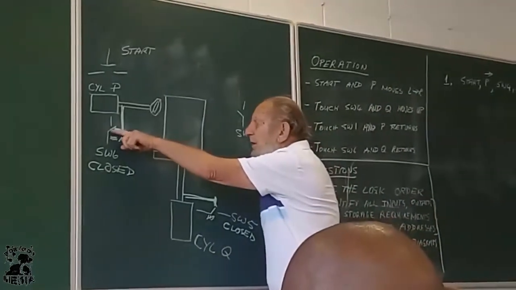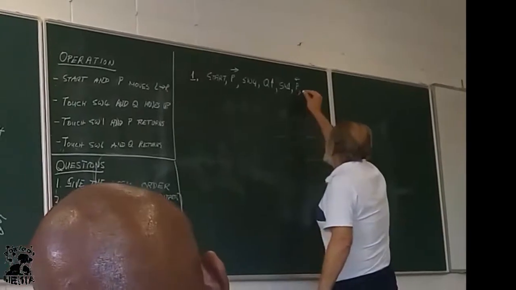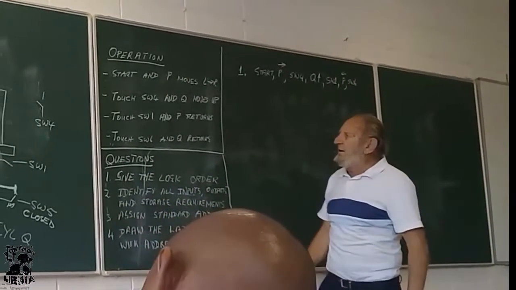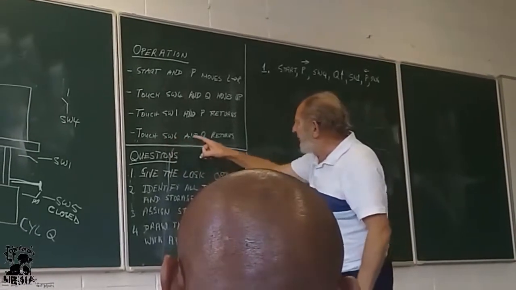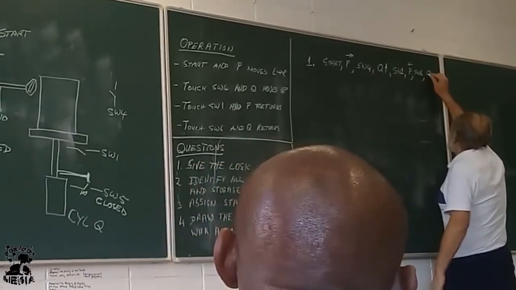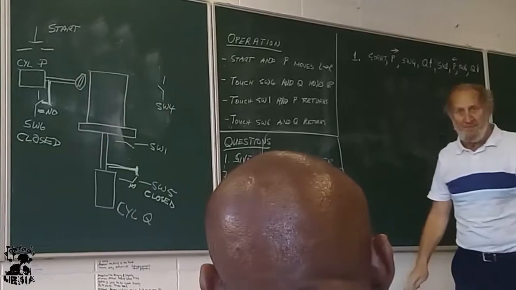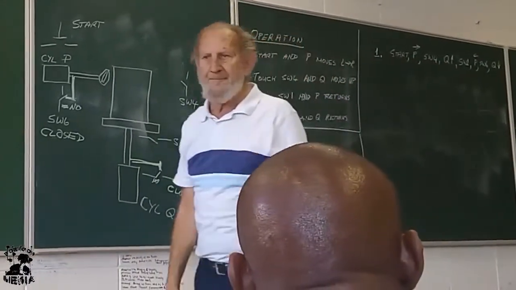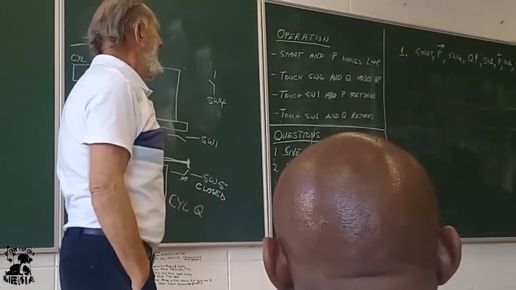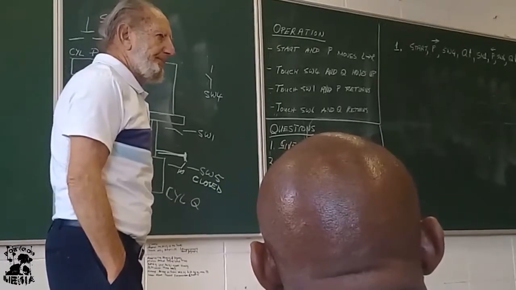It's going to close switch 6 again. And then what happens? If it closes switch 6, Q comes back. And the job is finished. That is the logic order, the answer to question 1.